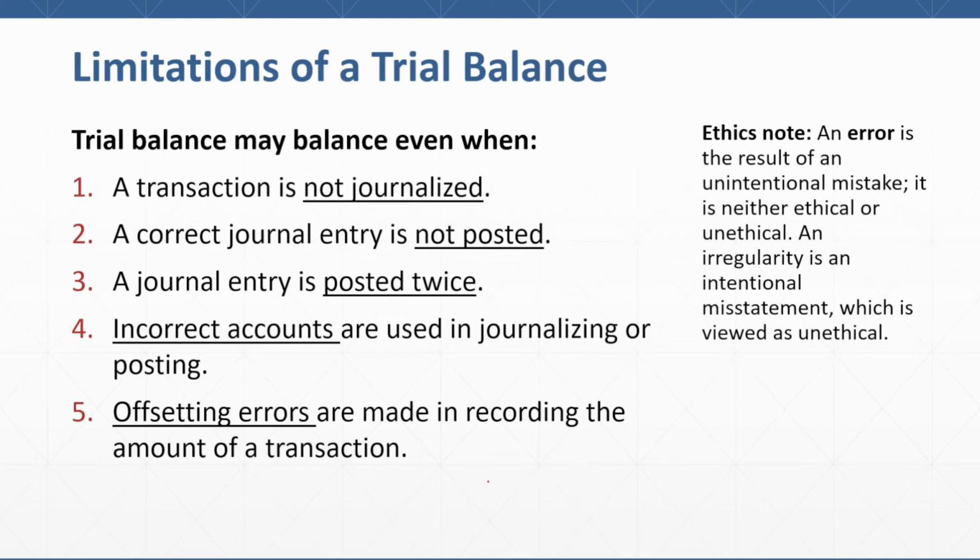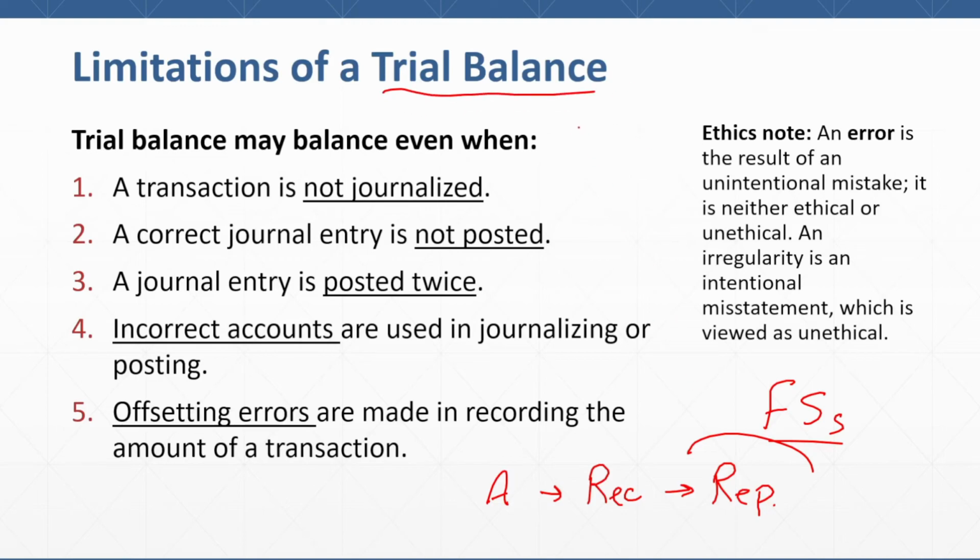Analyzing, identifying transactions, recording transactions, and then reporting or communicating transactions, right? This is accounting, financial accounting. The last step is to report, to prepare financial statements. Okay, that's our end goal. So we use trial balance to prepare financial statements.